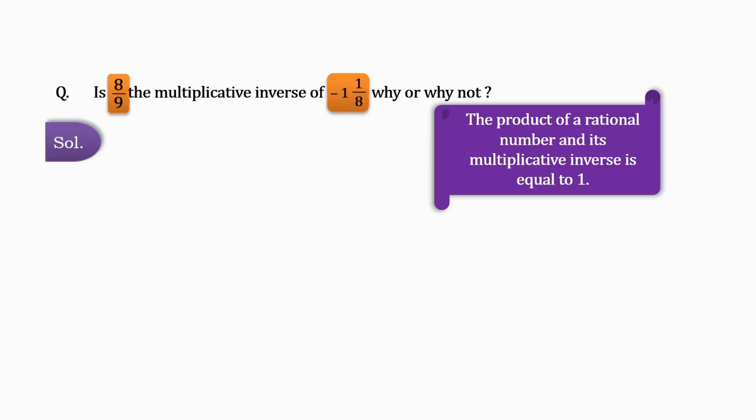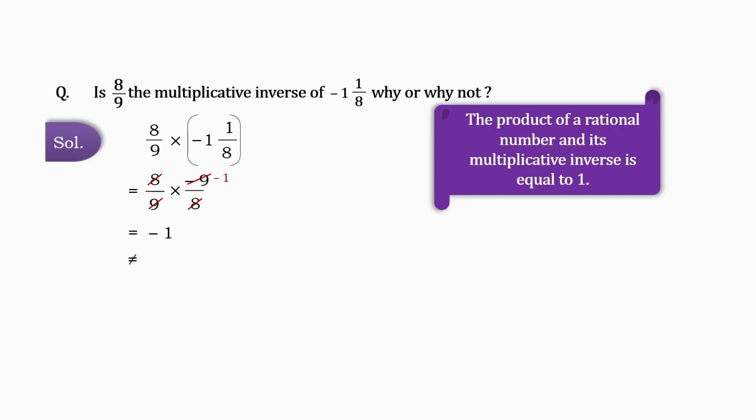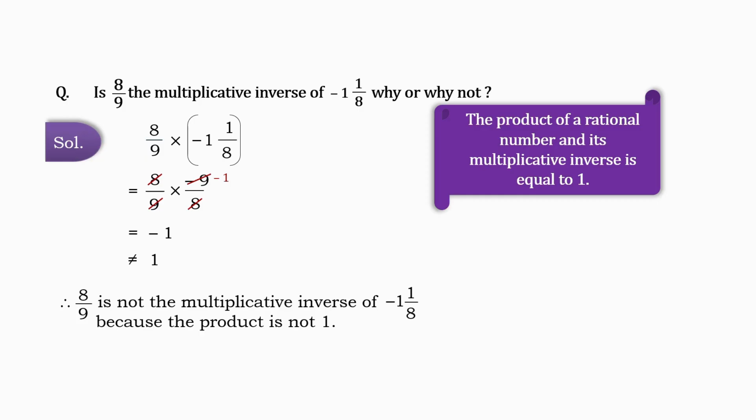So let's check. So we got minus 1, which is not equal to 1. Hence, 8 by 9 is not the multiplicative inverse of minus 1 1 by 8 because the product is not 1.